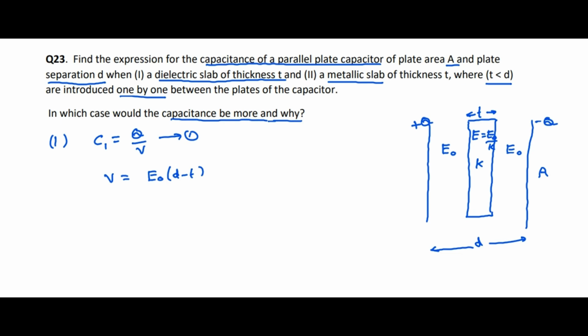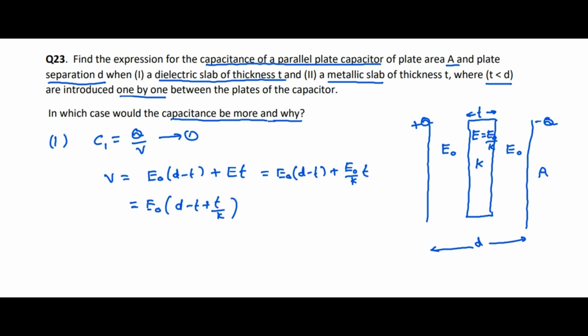So the potential difference there will be E naught into D minus T plus E into T, the potential difference within the dielectric. We can write it is E naught into D minus T plus E, which is nothing but E naught by K, into T. If you are taking E naught common, that is E naught into D minus T plus T by K.